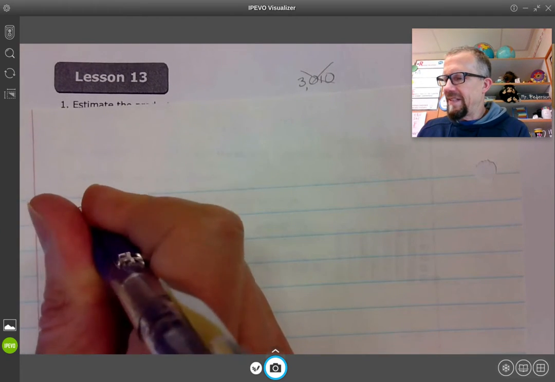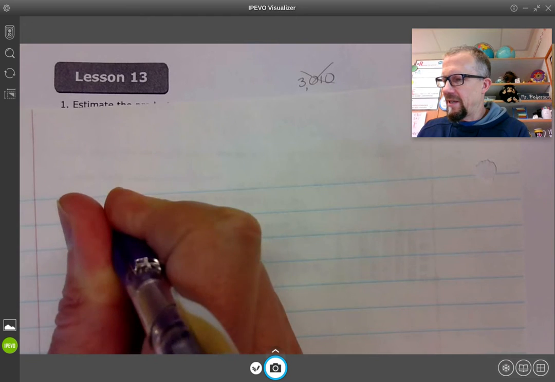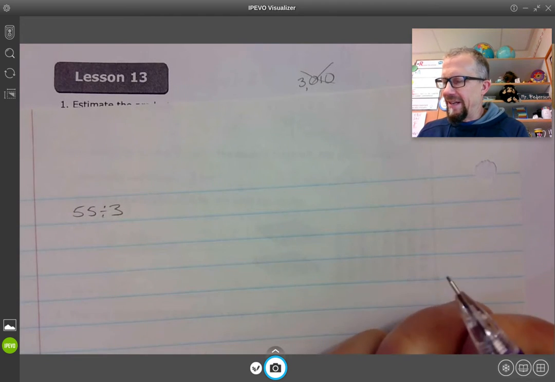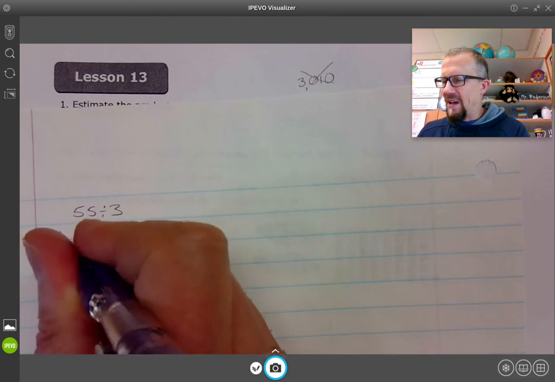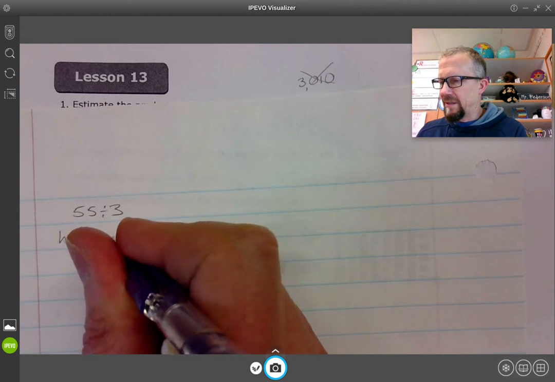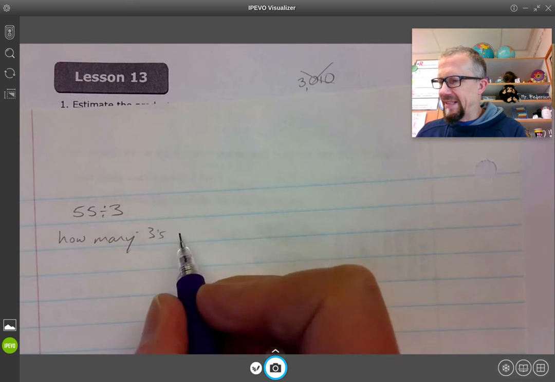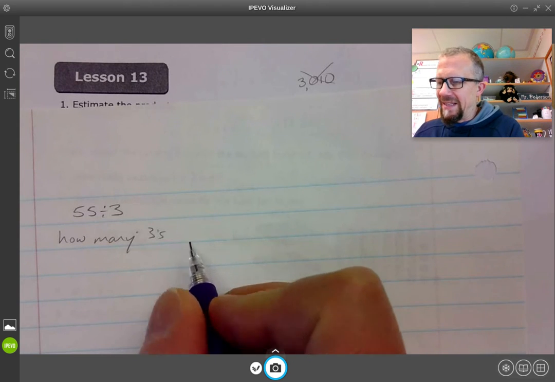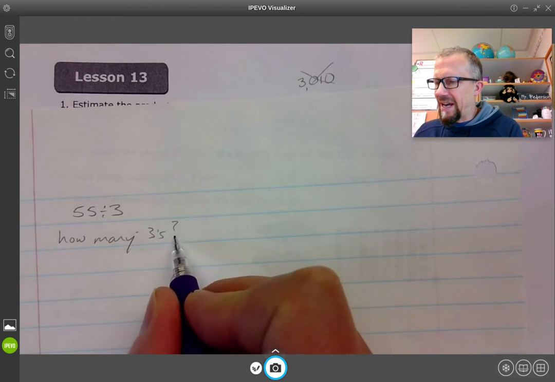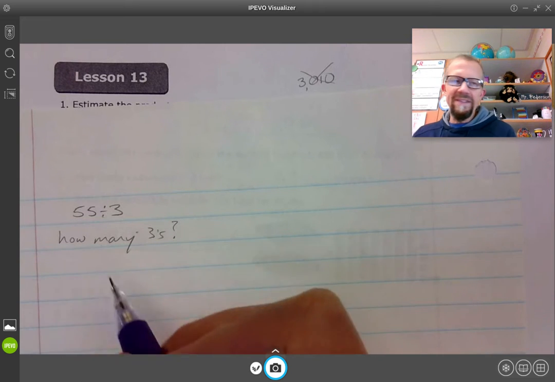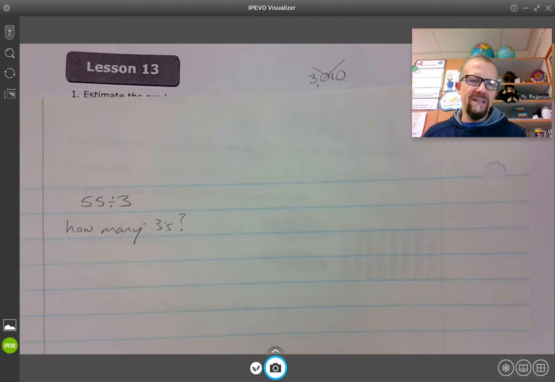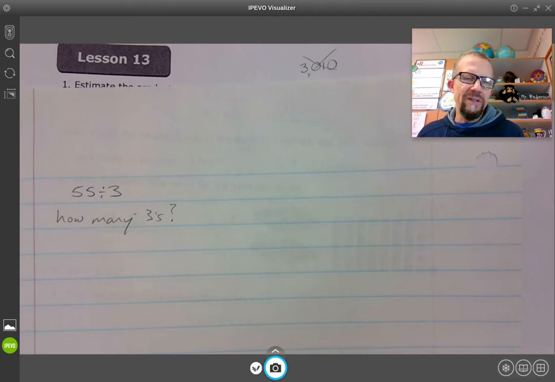So 55 divided by 3, what that means is how many threes does it take to get to 55? We are looking for how many threes are in 55. We could also talk about this as like 3 groups of what makes 55.